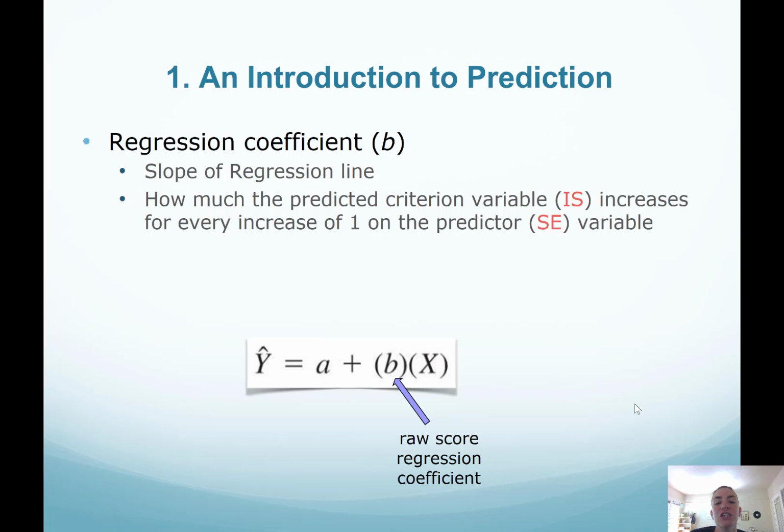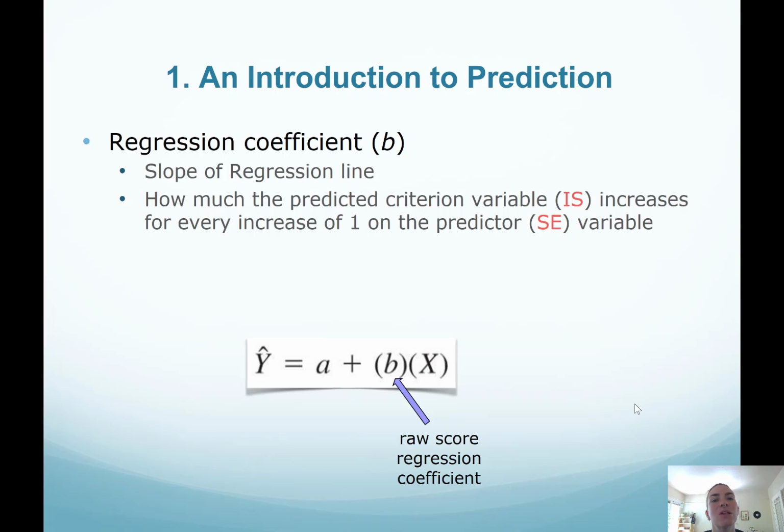And the definition of this value is the expected change in the criterion or outcome for every single unit change in the predictor. So whatever b is equal to, b is the expected change in y for a single unit change in x.